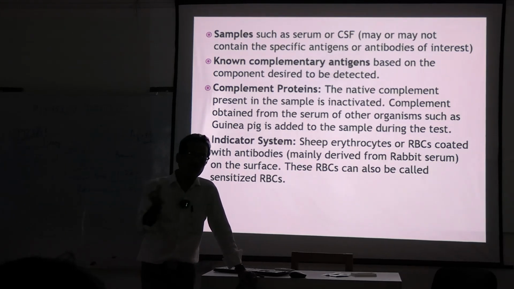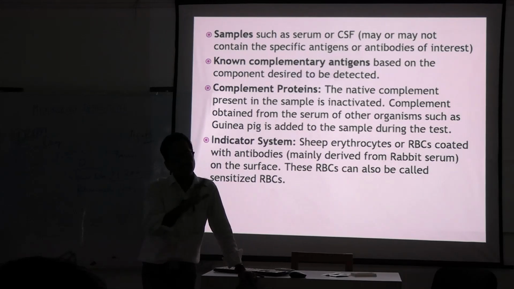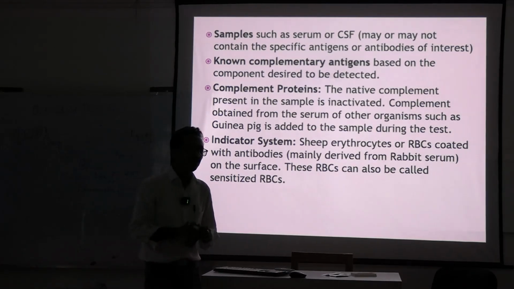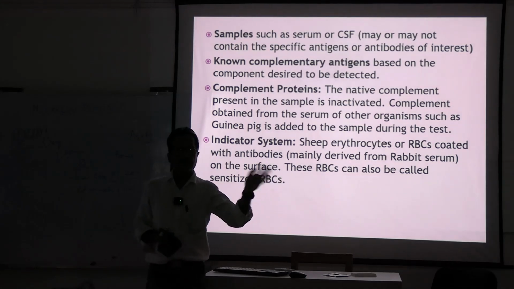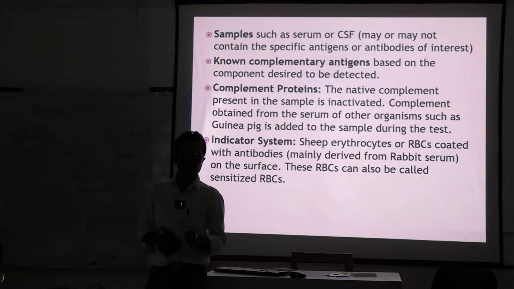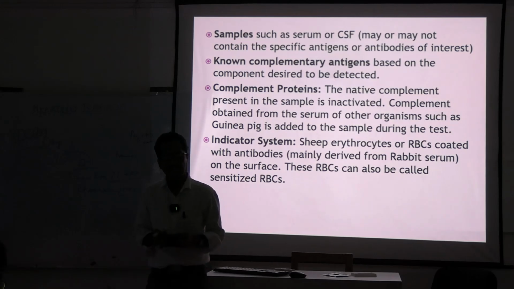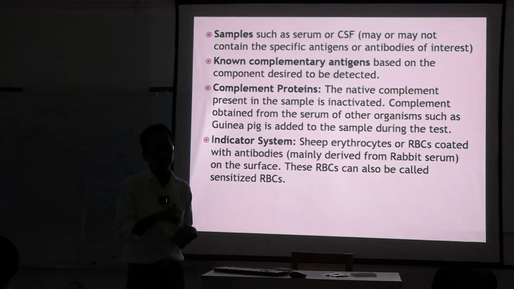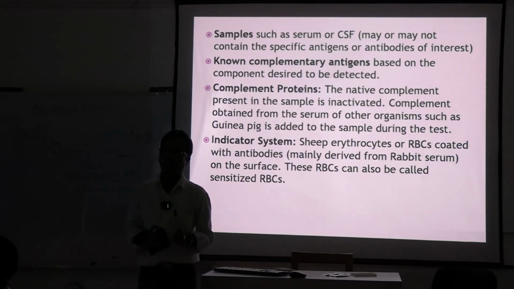If the complement is already utilized in the test, then there will be no reaction. That means if there is no reaction, the test is positive. If there is a reaction, the test is negative. That is the main thing to see. In the complement fixation test, if there is no reaction after the test, that means the patient had antibody and complement is already utilized.